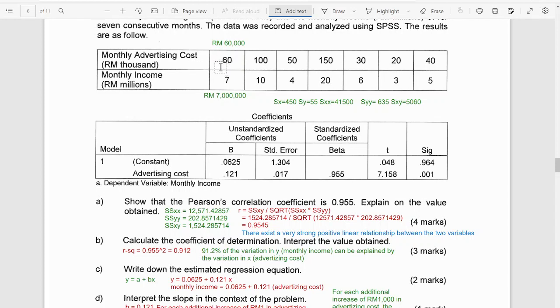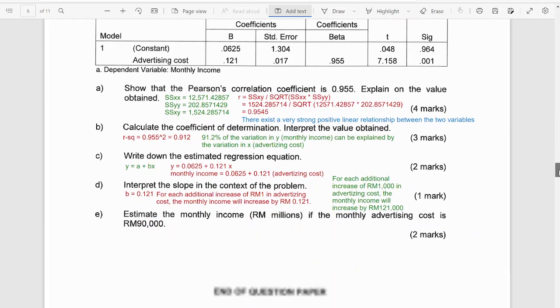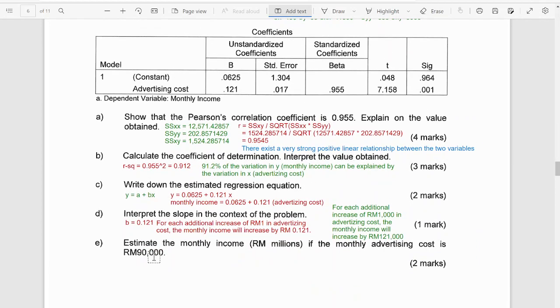So 60 means 60,000. So if you want to substitute the value of X, in this case the 90,000, the X value is actually 90, not 90,000. So X is equal to 90. So when X is equal to 90, then you can substitute the value.